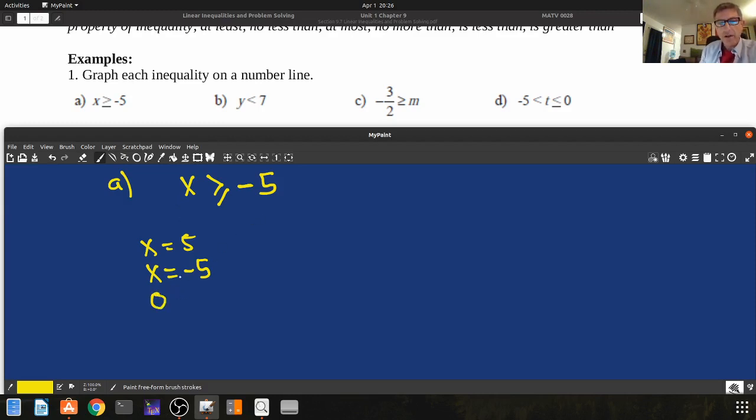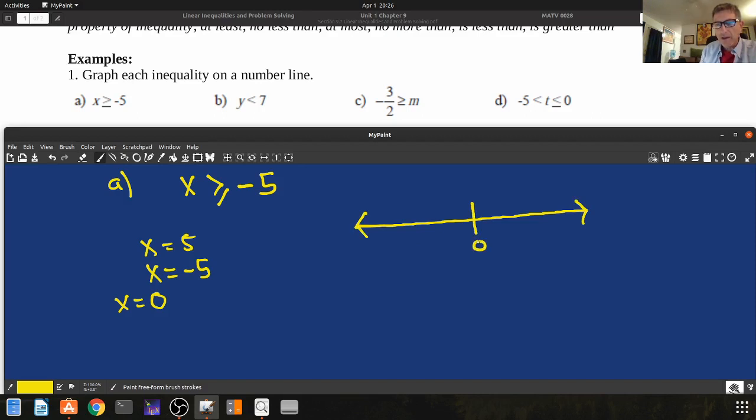If x is 0, that also is true. So there are an awful lot of possible values of x that make this statement true.